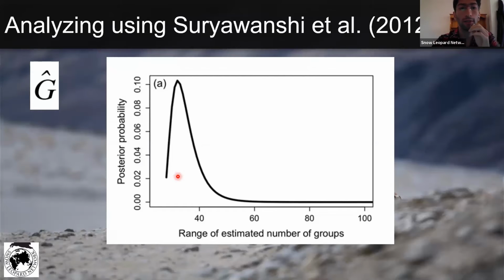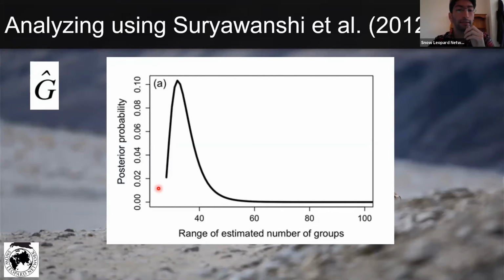So anyway, what the output will look like is something like this. On the x-axis, there's going to be a range of estimated number of groups, and on the y-axis, there's going to be a posterior probability. This is an actual data set from a study that we published this year in Oryx, and I can share the paper with you guys.